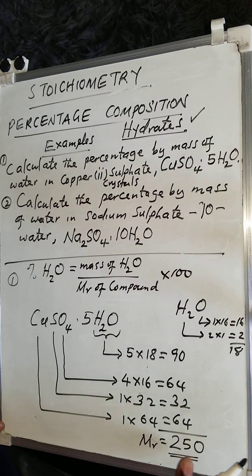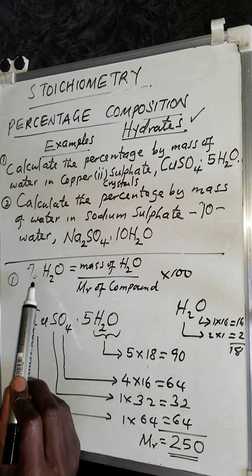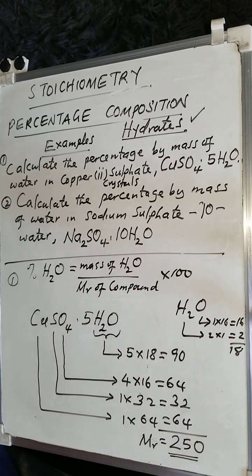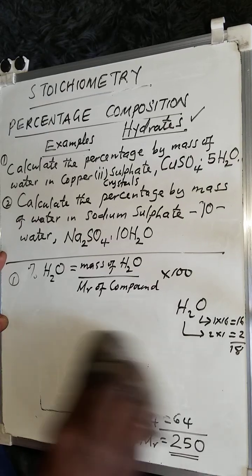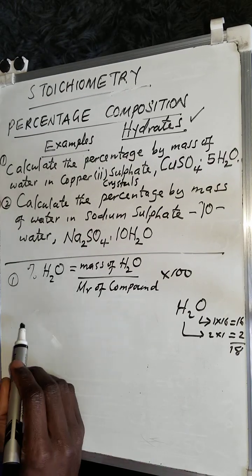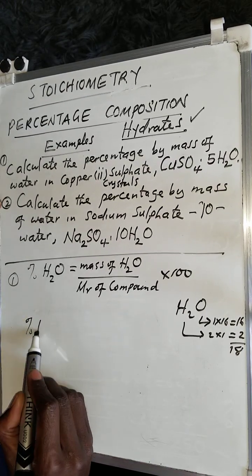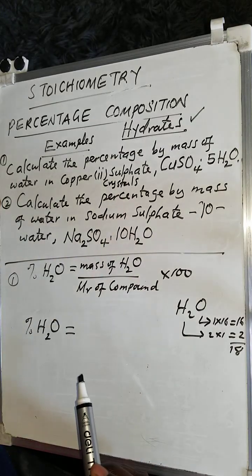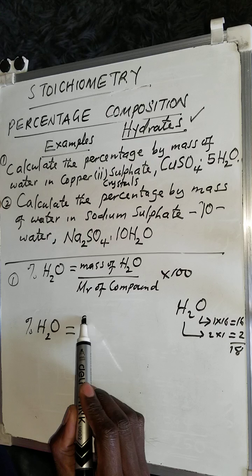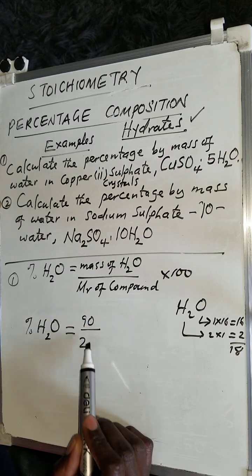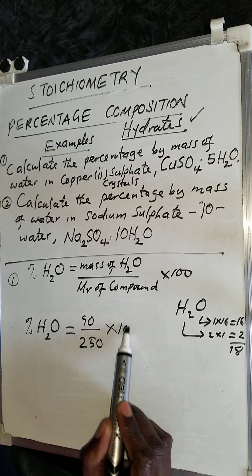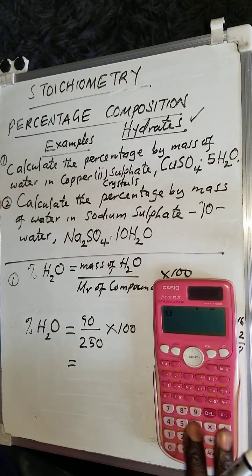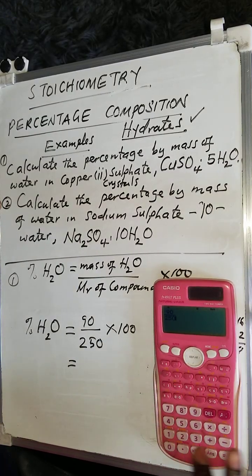So now once you get the Mr, remember we want to find the percentage of water. So what is the mass of the water? It is simply 90. So therefore we can calculate now, since we know the Mr is 250. I can simply say that the percentage of the H2O, the water of crystallization, because that's a crystal that you're having, is equal to 90 over the total Mr, which is 250.